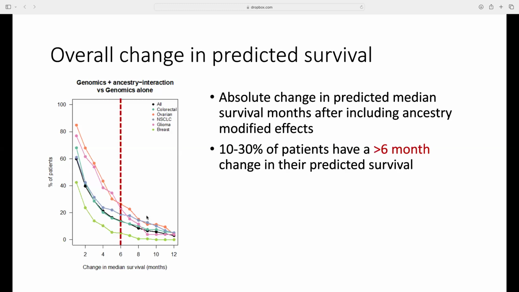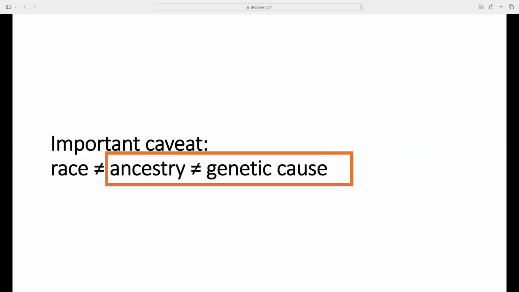And the point really here is that depending on the cancer type, between 10 and 30% of patients have a change in their predicted survival that's greater than 6 months. So these values here are in months. So there's a sizable proportion of the population where a model that just uses genomics is off by 6 months relative to a model that incorporates genetic ancestry interactions on top of genomics.